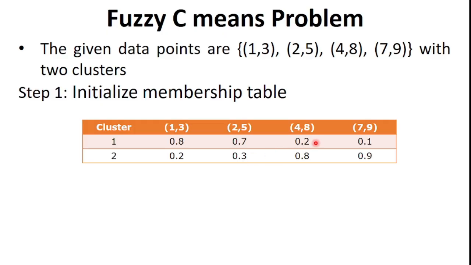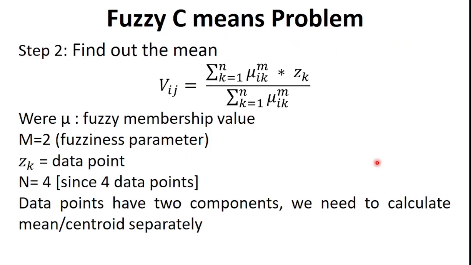The third data point belongs to the first cluster with a value of 0.2 and to cluster number 2 with a membership value of 0.8. The fourth data point belongs to the first cluster with a membership value of 0.1 and to the second cluster with a membership value of 0.9.